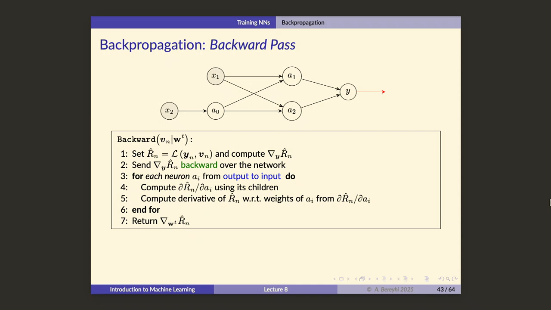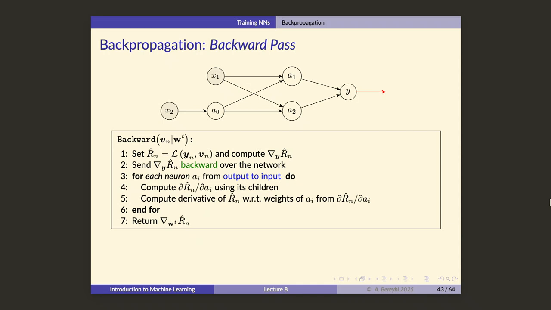Now that the gradients with respect to all the last hidden layer neurons are known to you, you can go for the previous one, and you keep on going till you get to your very input. So in every neuron, when you're moving backward from the output, you just compute the partial derivative of your sample loss with respect to every single neuron in that layer.